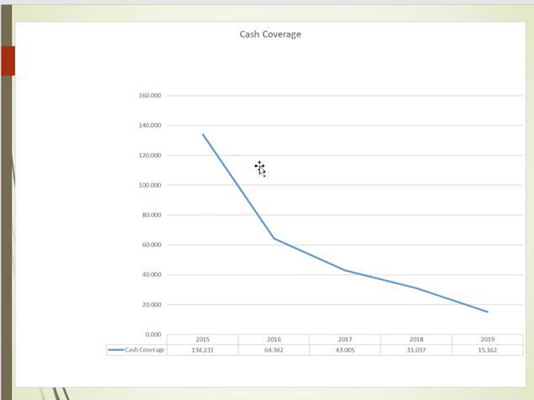So there is a downward slope in this cash coverage, or our ability to pay. So I'm sure the management of Disney is looking at and paying attention to this type of operation to make sure that we always have the ability to pay on our debts.